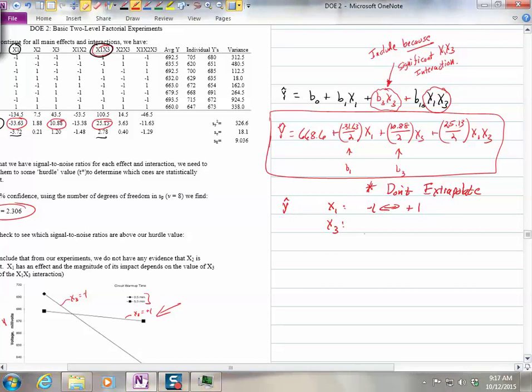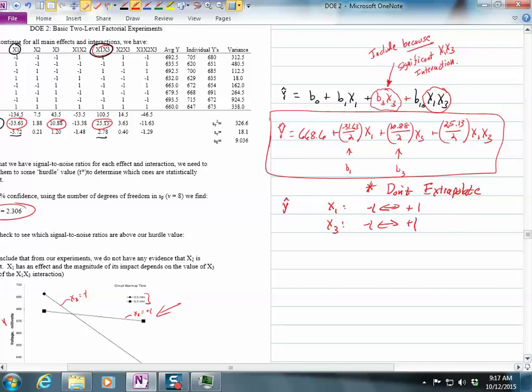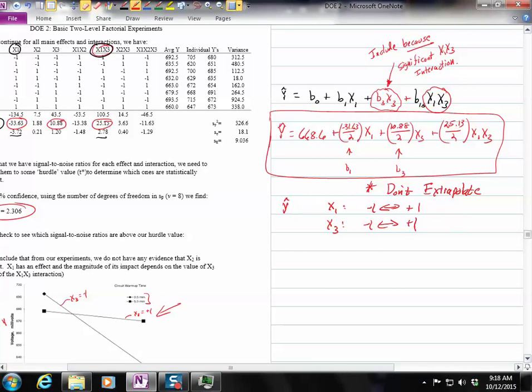We can predict values in between -1 and +1, but if you are trying to predict a value at x1 of 1.2, don't use this model to do it. We have data over this range, and our model's good over this range. Once we get outside that range, we don't know what's going on. Lots of different things can be happening there, so it's really important not to do that.